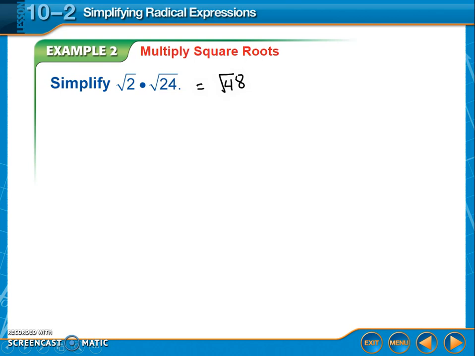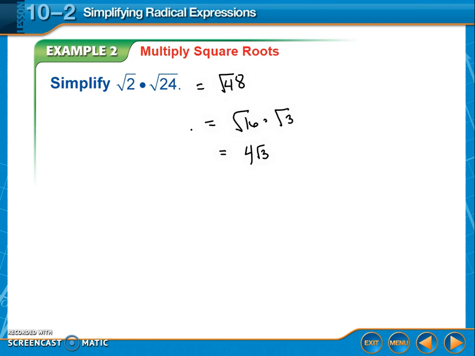So 16 is the biggest perfect square that goes into 48. So I can think of this as the square root of 16 times the square root of 3. So this is going to be 4 square root 3. And that's as simplified as it goes.